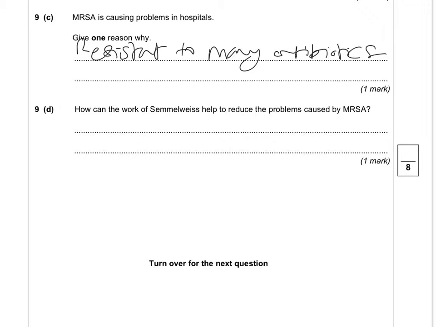And then D, how can the work of Semmelweis help to reduce the problem caused by MRSA? What Semmelweis showed in his investigation was that these pathogens, these bacteria or viruses or whatever, were passed on by touch, and therefore washing hands was really, really important to prevent infection.